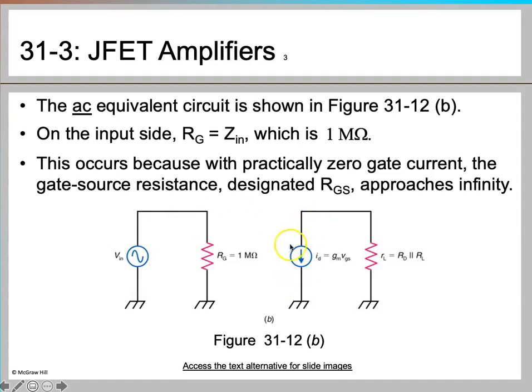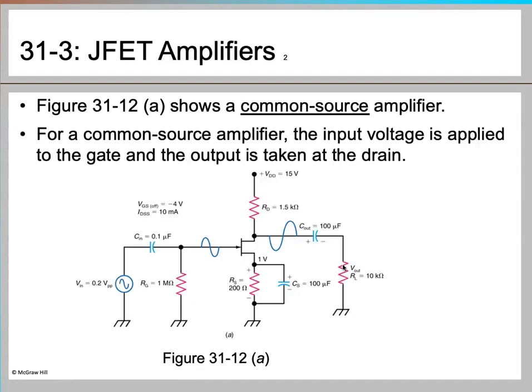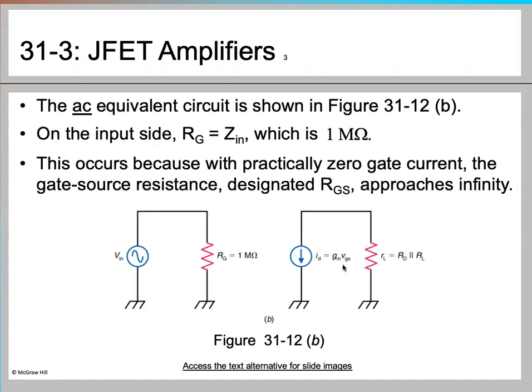The current source represents your drain current, which is equal to GM times VGS, where GM is your transconductance and VGS is the voltage between gate and source. Then there is this new term, a small RL, which is basically the parallel combination of the drain resistance and the load resistance.